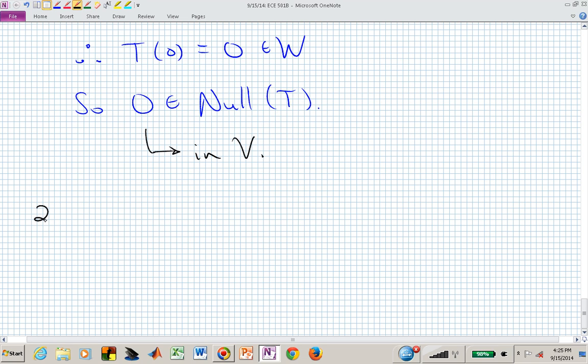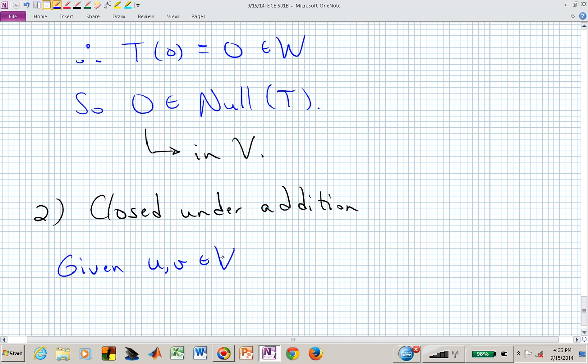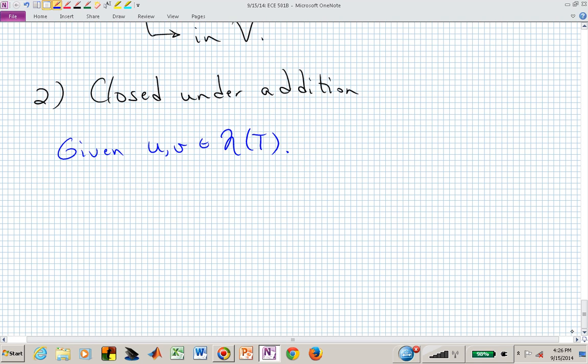The second one is we need this property to be true, and that is to be closed under addition. Here, let's say we're given U and V, both in the null space of T. So we're given two vectors in the null space of T. We now say, well, what happens to the sum U plus V when we operate on it with T?